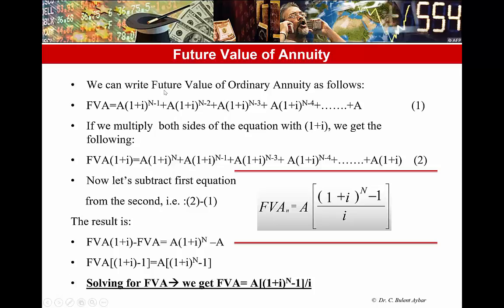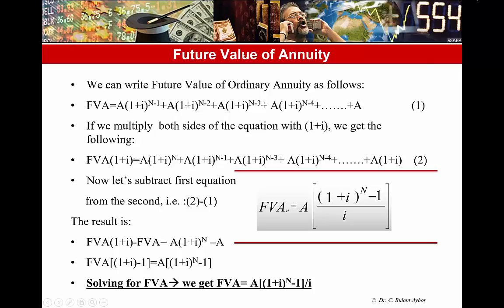In this slide, we are going to derive a general model or formula for the future value of an annuity. Although calculators and Excel do the calculation for us, it is good to understand the underlying arguments in the formulas that are used in calculation of the future value of annuities.